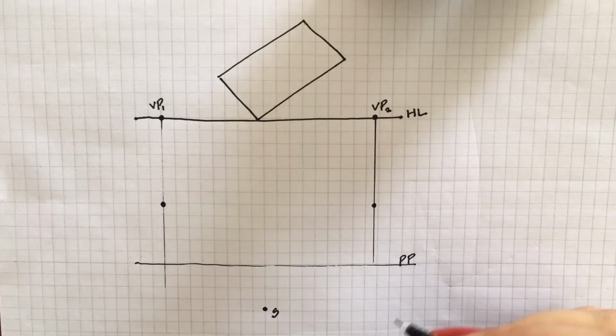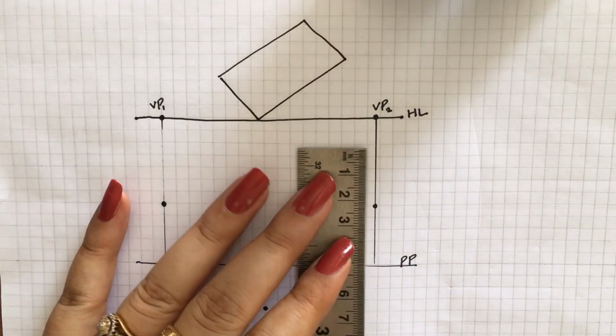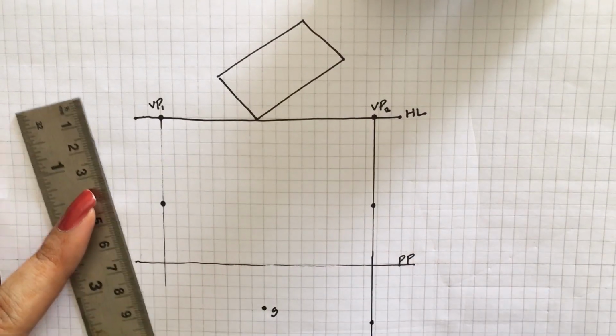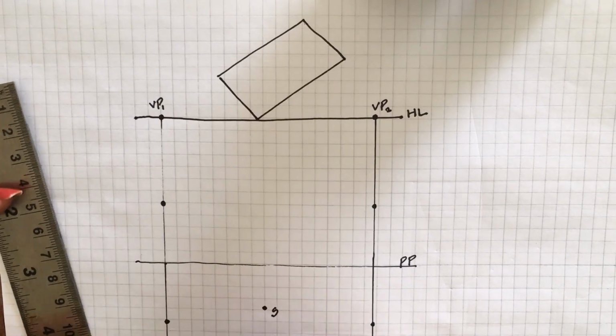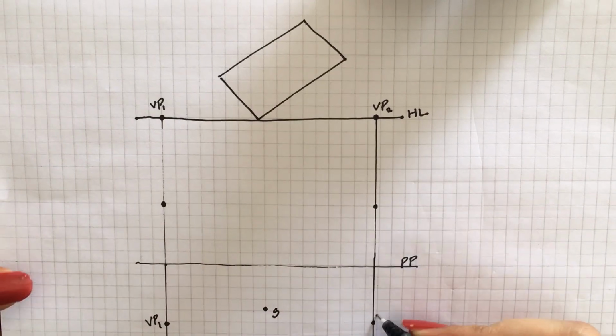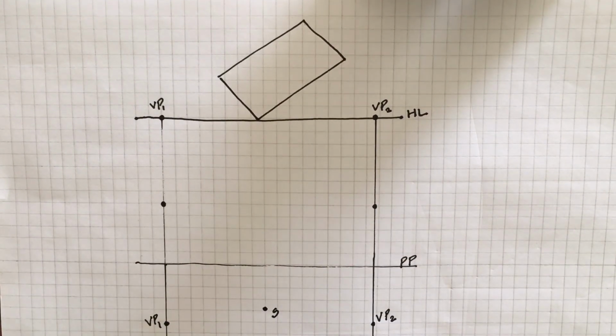Don't worry about it, you can also mark here below the PP. If you have a line, just draw it, mark here, not an issue, you can mark anywhere. So now these are our new vanishing points. Okay, let's start with the process.